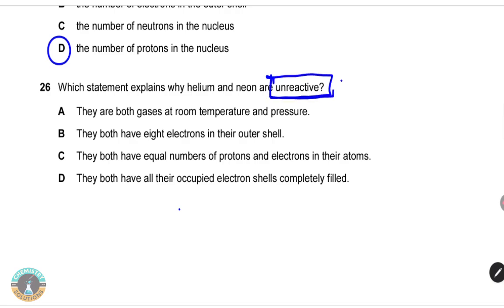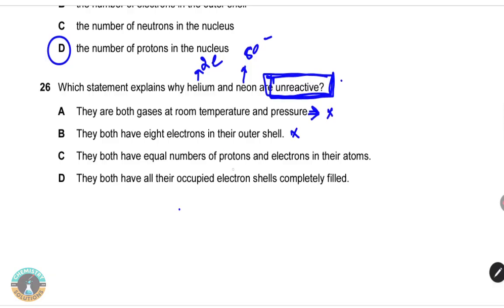Both being gases does not justify this. Both have 8 electrons in the outer shell? No, helium has 2 electrons, while neon has 8 valence electrons. So this one is also wrong.